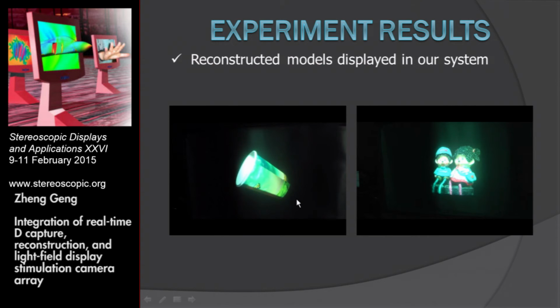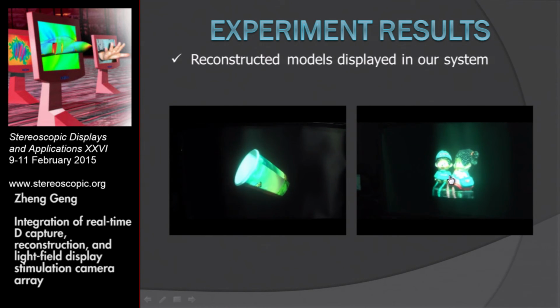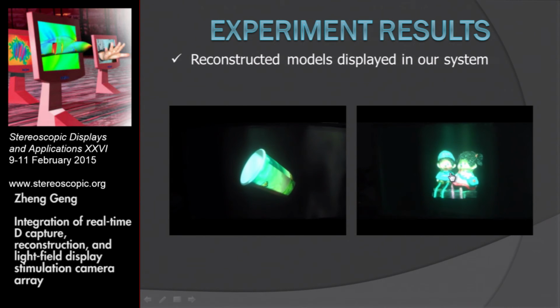This is the pre-rendered curves, and it shows the motion parallax. You can see this part. It will change its area as we move our viewpoint. And this is dynamic. We capture it in real time from our input end, and this is the output end.